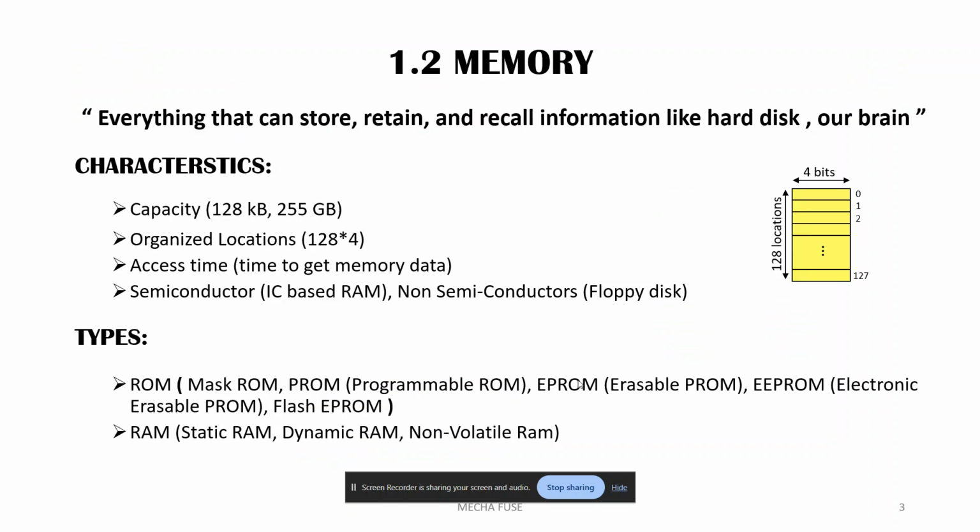Anyway, moving toward part of computer, part memory. So anything that can store or retain or recall information, like hard disk, our brain, or even if we write something on paper, it is also a piece of memory. The characteristics of memory are capacity. Obviously, there's limited space. It's not like the brain.